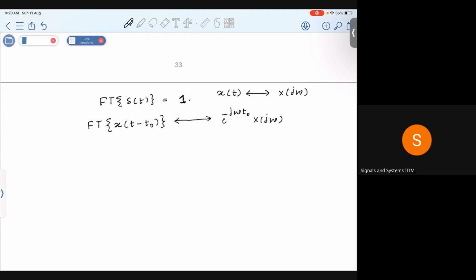This is known as time shifting property of Fourier transform.